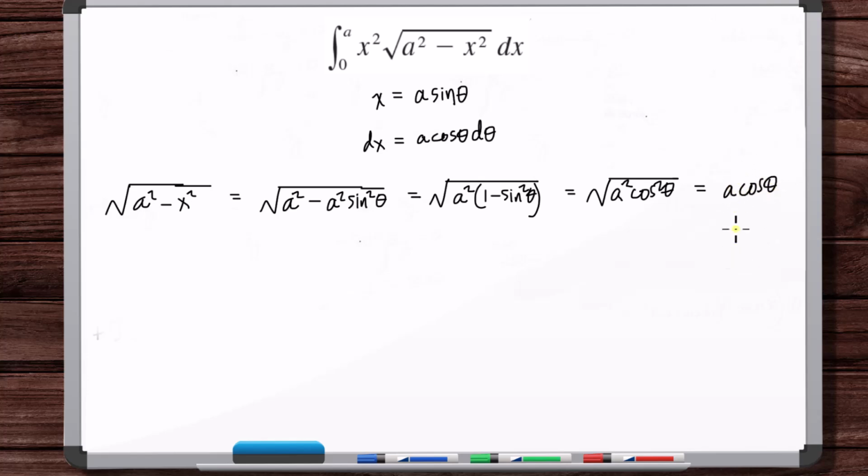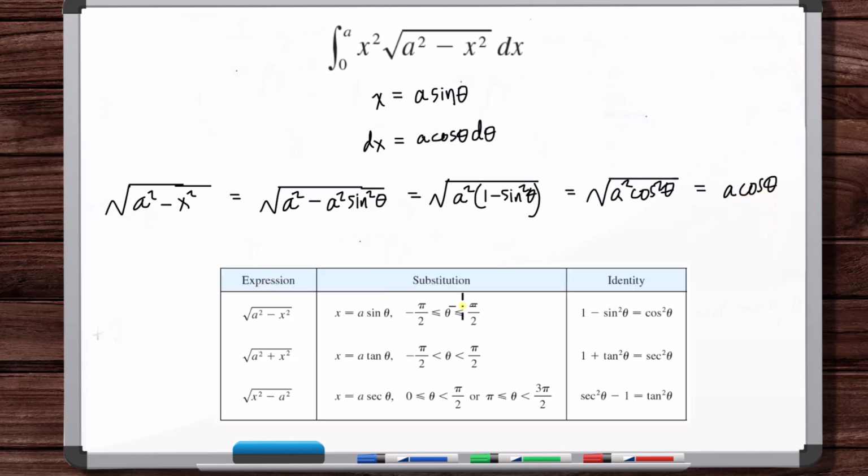And we don't have to put the absolute value because the domain restricts it to where cosine theta is always positive, the domain of theta. This domain restriction here, theta is from minus pi over 2 to pi over 2.